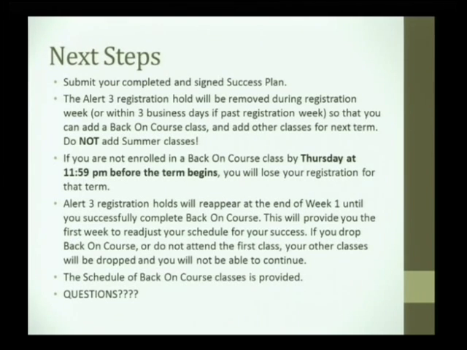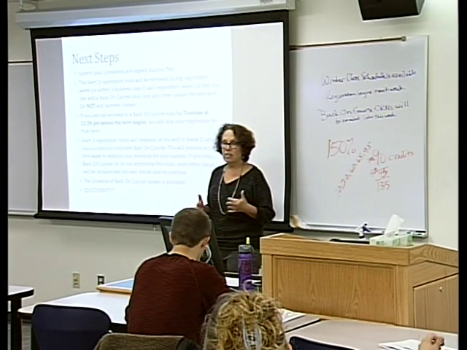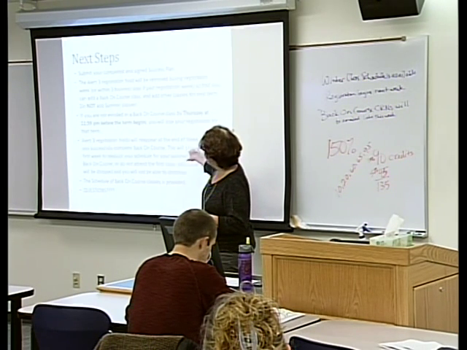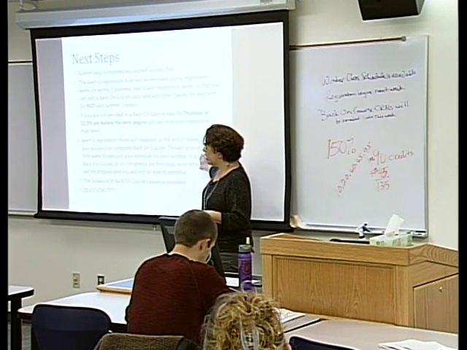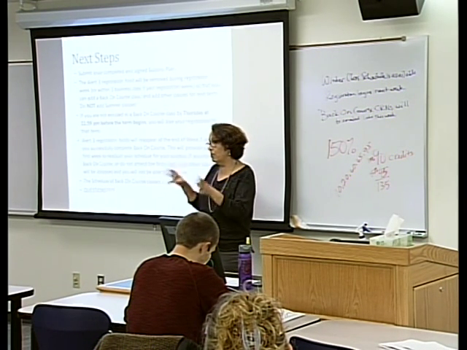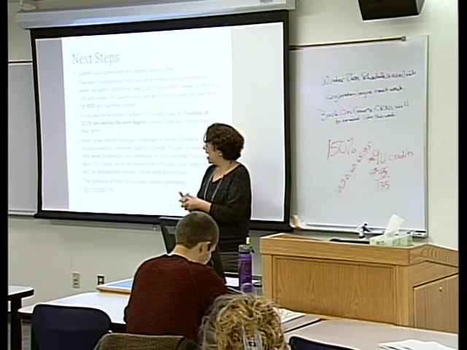If you do have back on course on your schedule, and you do have other classes on your schedule, the Alert 3 registration hold will reappear at the end of week 1. So you'll have all of week 1 to make judgments about whether you're in the right classes and make changes if you're not, without any problem to your schedule. But then the Alert 3 registration hold becomes active again until you've successfully completed back on course.